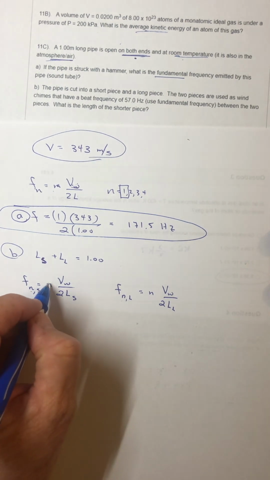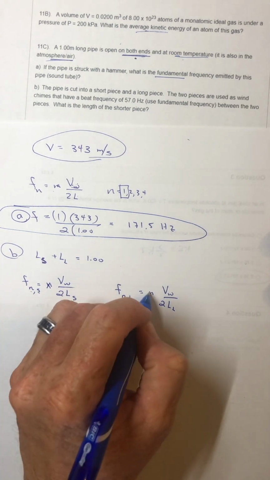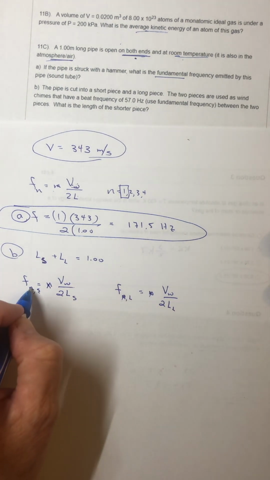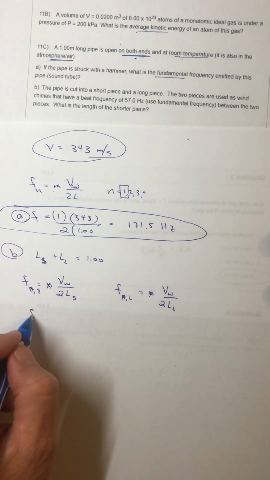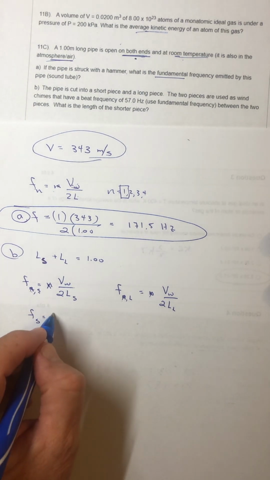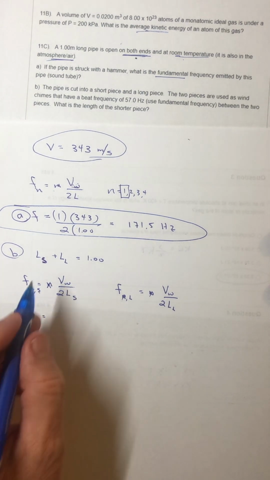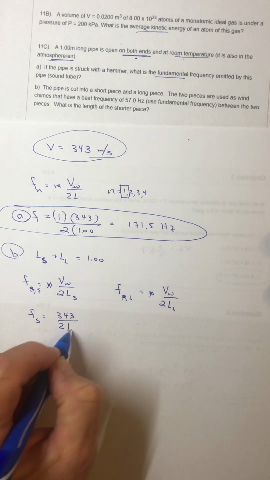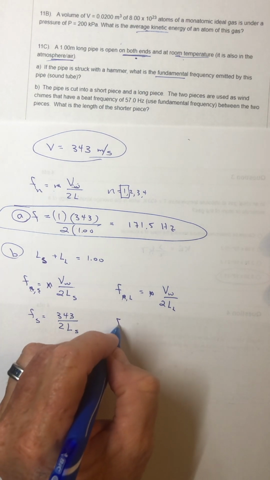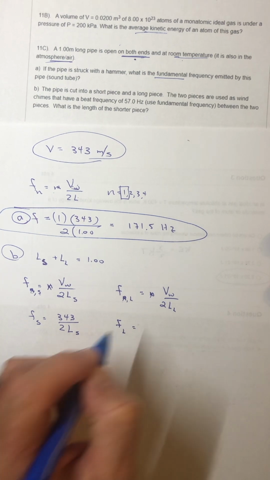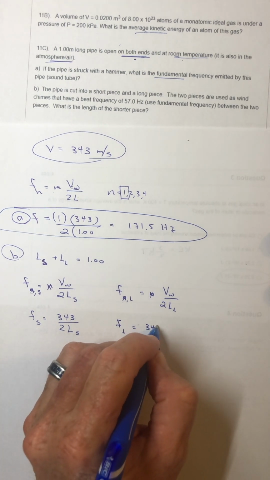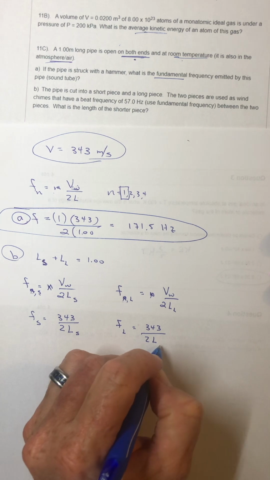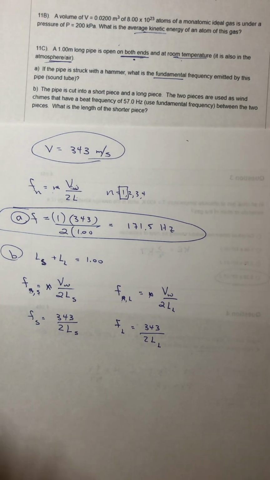So in other words, use n equaling 1. So I'll just write this. The frequency of the short one would be the velocity of the wave, which I'll just write as 343 over 2LS. And the frequency of the longer piece would be 343 divided by 2L of the longer piece.